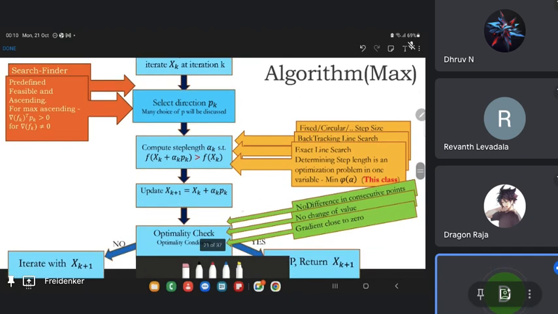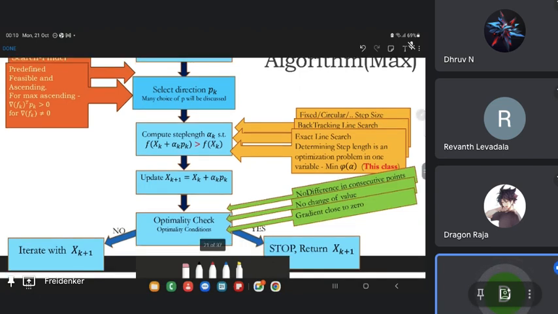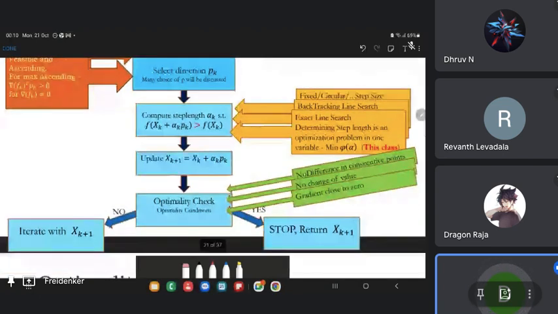After you choose your step length alpha using one of the ways, the next thing is the update. Since we are iterating, our new point xk plus alpha k pk, I'm writing as xk plus 1. Now I have to check if my xk plus 1 is an optimal solution or not.